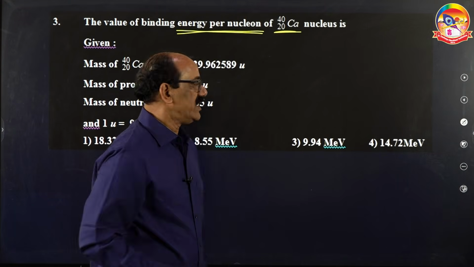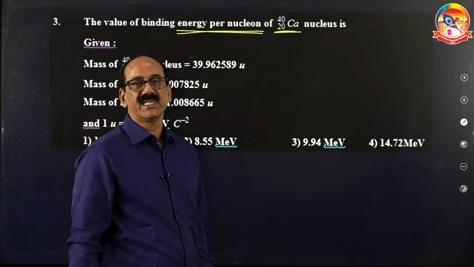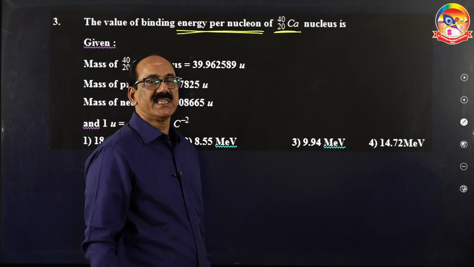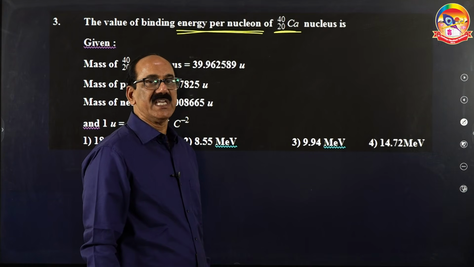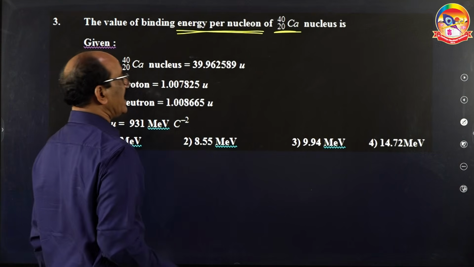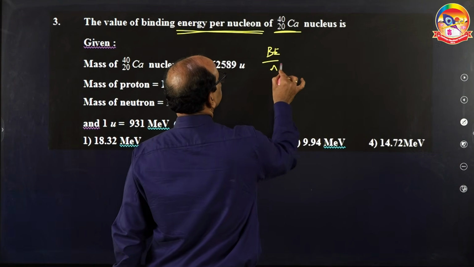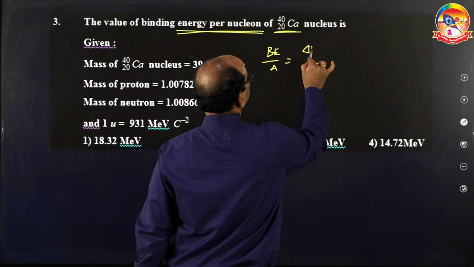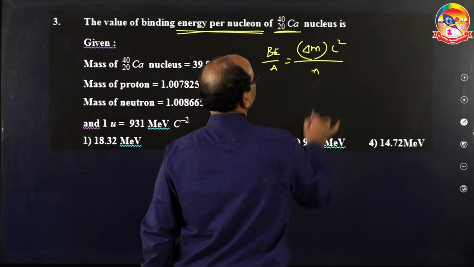That mass defect will be converted to energy according to Einstein's mass energy relation, and that energy is called binding energy. Binding energy per nucleon is the average binding energy. That is, binding energy per nucleon is nothing but the mass defect times c square divided by the mass number.